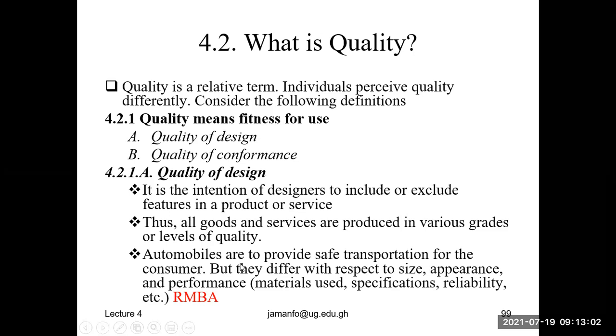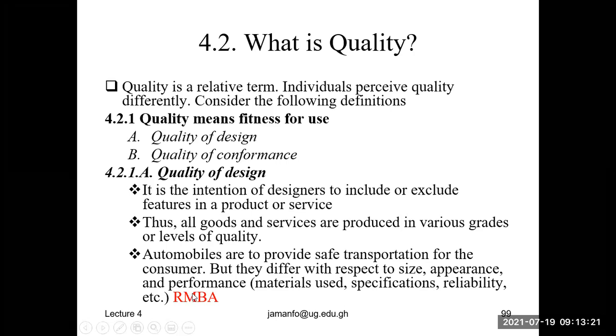So automobiles are to provide safe transportation. I mean, as long as the car can take you from point A to point B and it's safe to be in, fine, it satisfies the quality element. So they differ in terms of the size, in terms of appearance, in terms of performance.